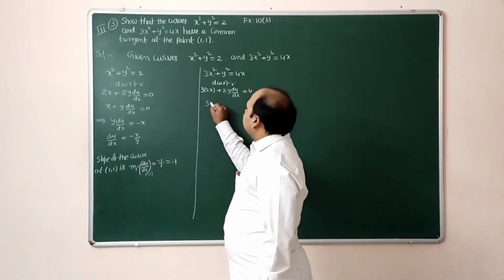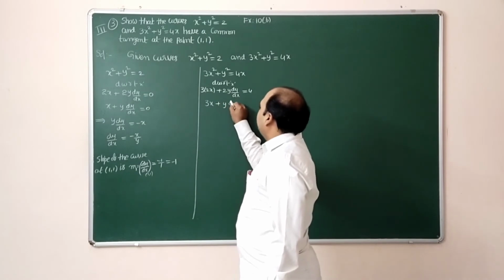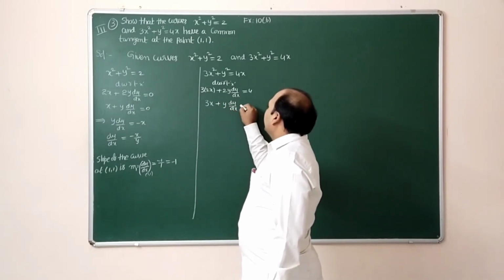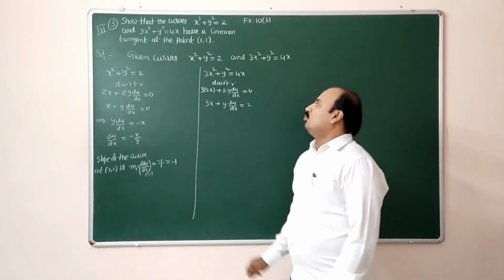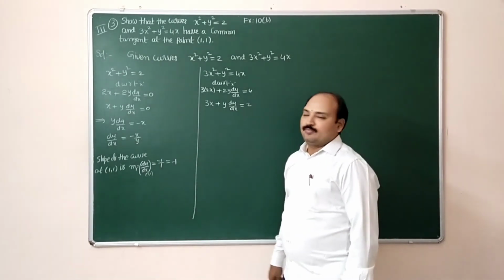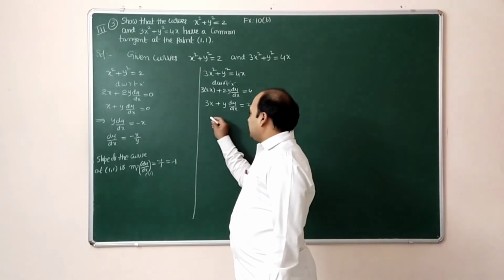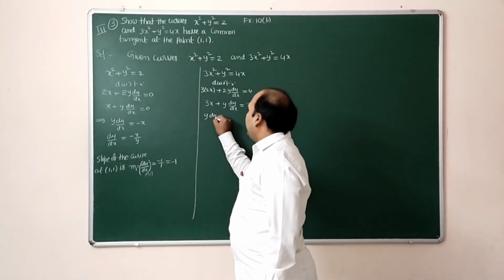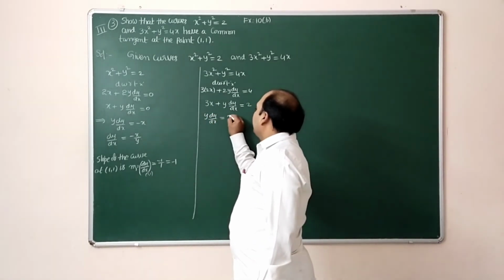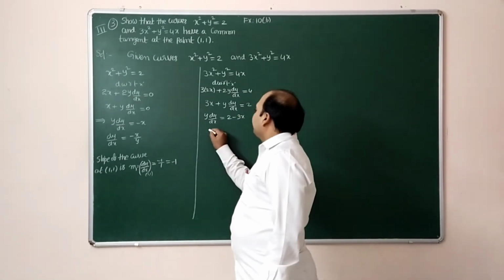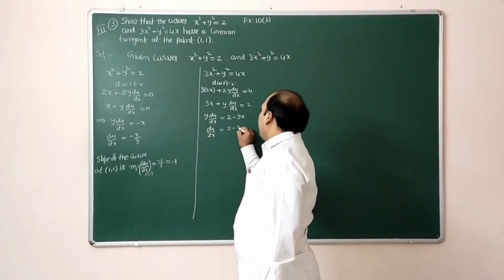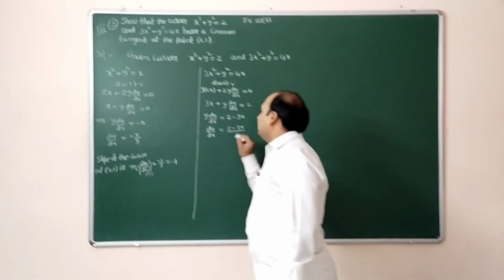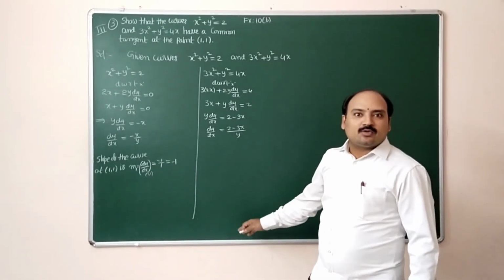So we will get 3x plus y into dy by dx is equal to 2. Both sides dividing by 2. So now I want only dy by dx. y dy by dx is equal to 2 minus 3x. So dy by dx equal to 2 minus 3x divided by y. This is the second curve slope.